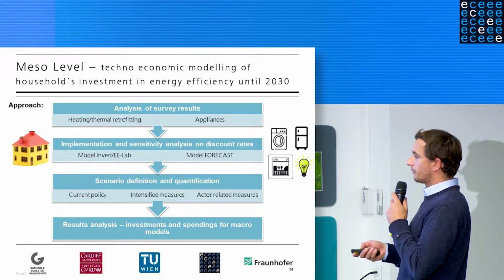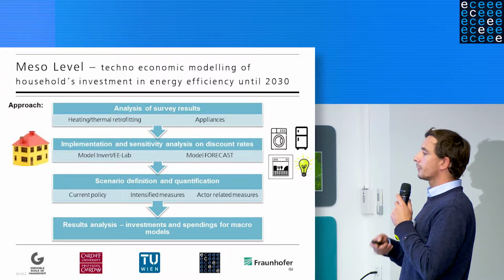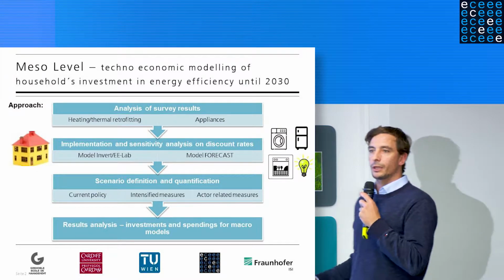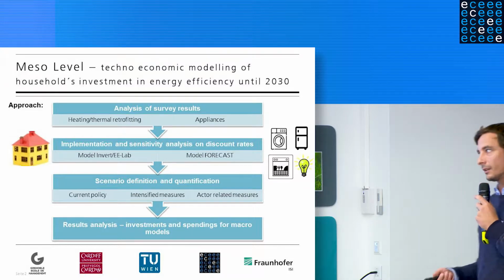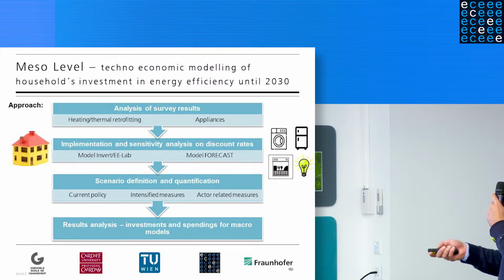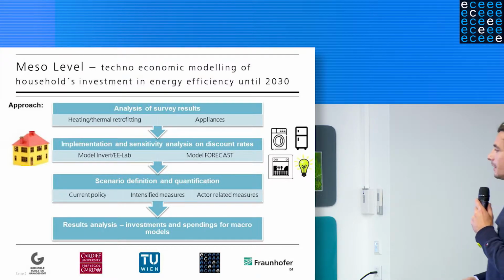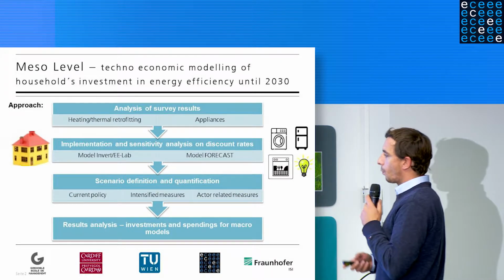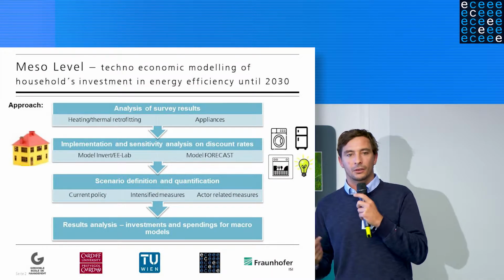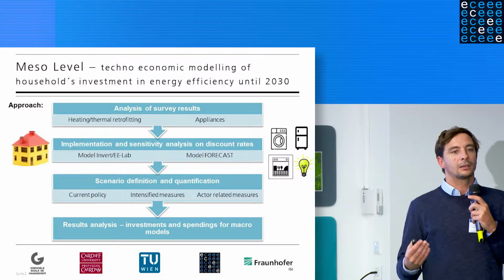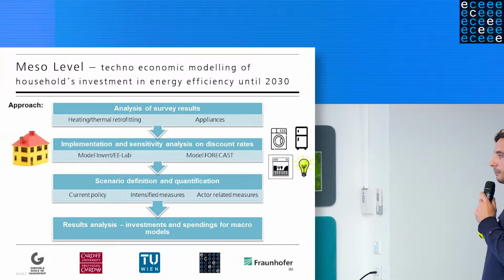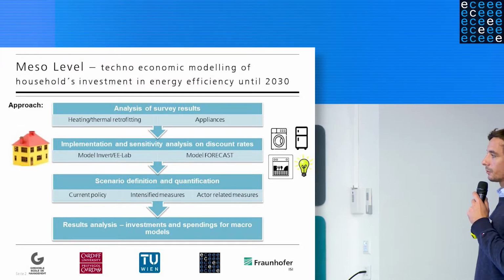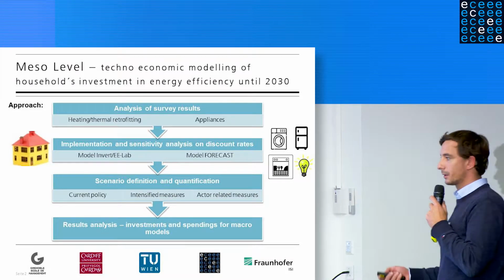And then we defined 3 scenarios which we calculated on the basis of those implemented discount rates. And so those were the first 2. And the second or third scenario where we tried to test the impact of a policy that would address mainly the implicit discount rates of certain actors, which I will come up with.